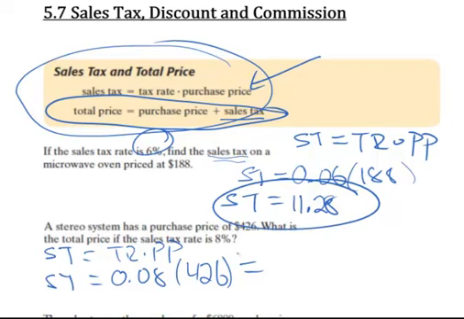So I'll take my calculator, 0.08 times 426, and I'm coming up with $34.08. Now, if I want to find my total price, I need to add those two numbers together. So I take $34.08 and add it to 426, and I'm coming up with $460.08.